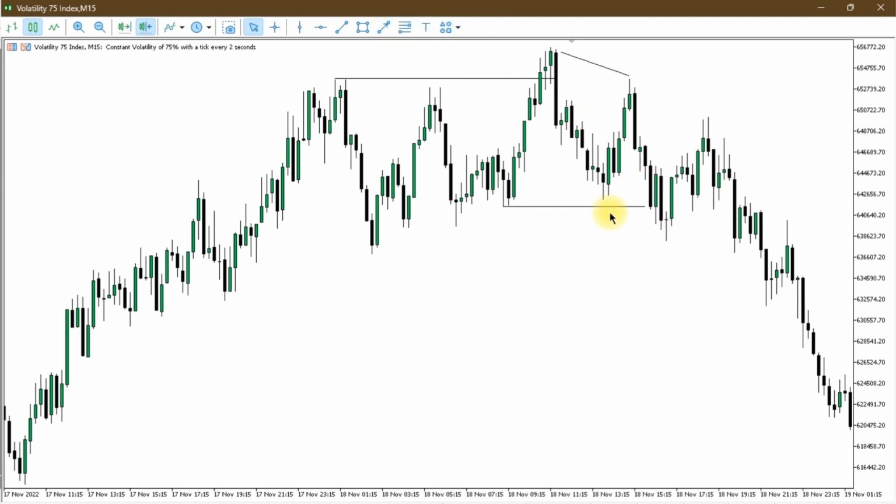Now, when we have a case like this, essentially because the failure swing has kind of rebalanced this leg of price here, where we're gonna find our entry for the stop hunt, our focus is gonna shift to the failure swing. What do I mean by that? Because this retracement up here has rebalanced everything in this range, so there's nothing in this range for us to use.